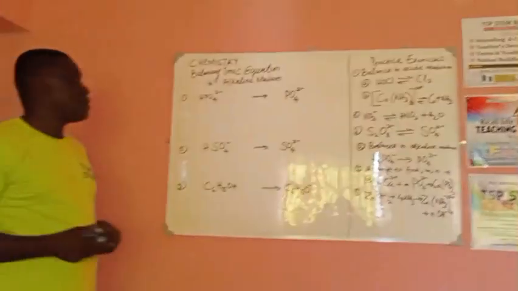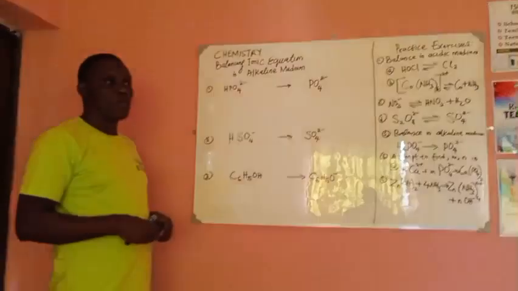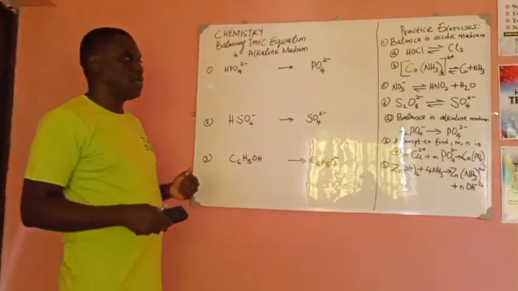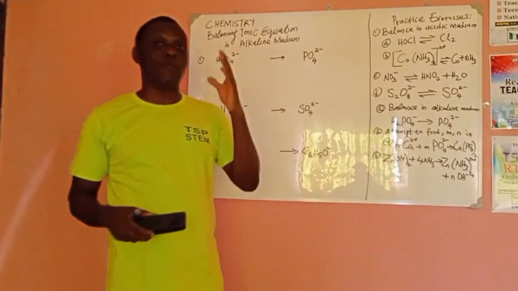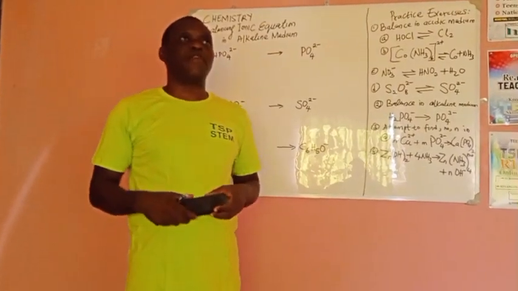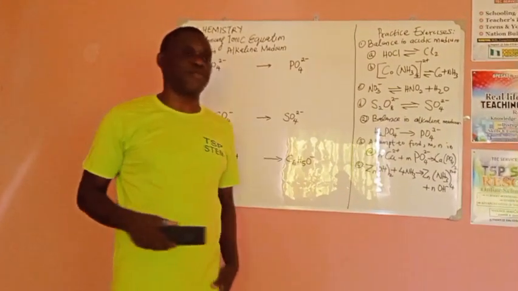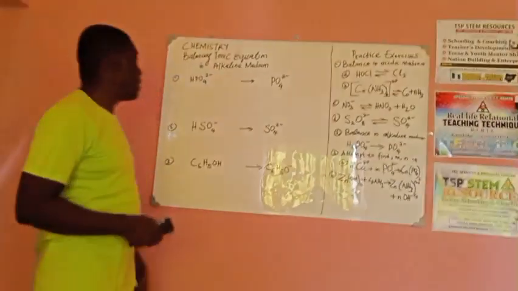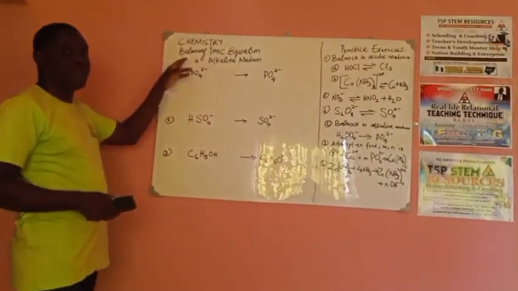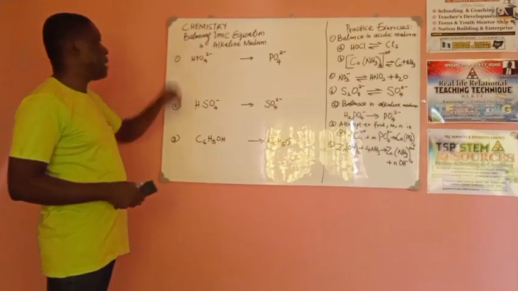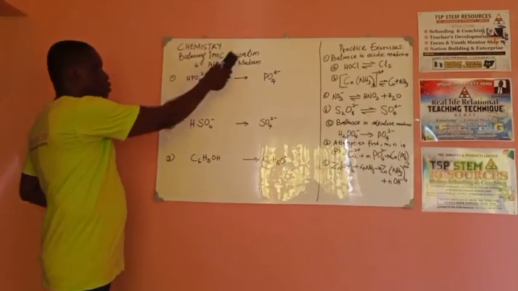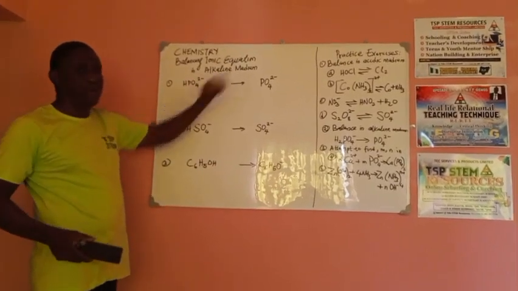Like I said, we are looking at part 4 of those equations that I have been able to discover that you must know how to balance if you have to be a good student of chemistry. And today we are looking at balancing ionic equation in alkaline medium.